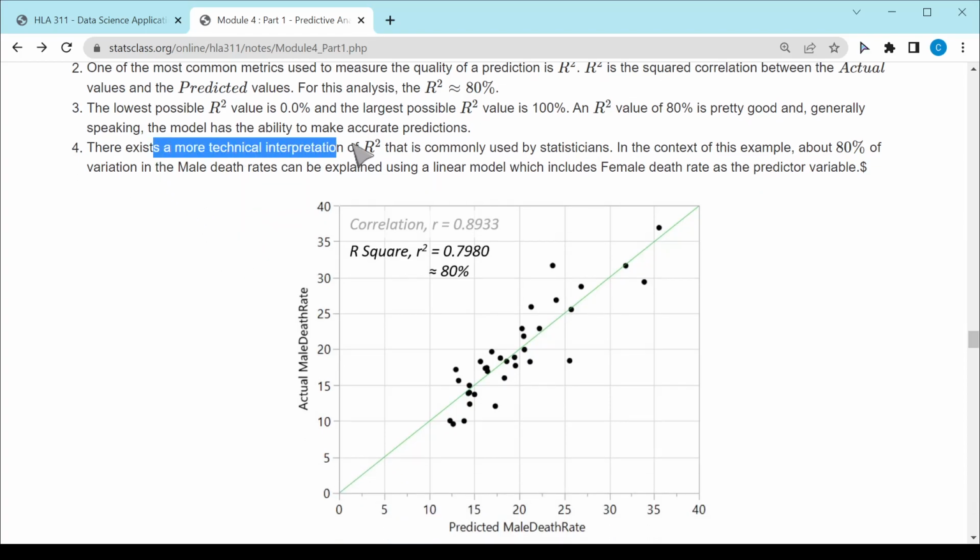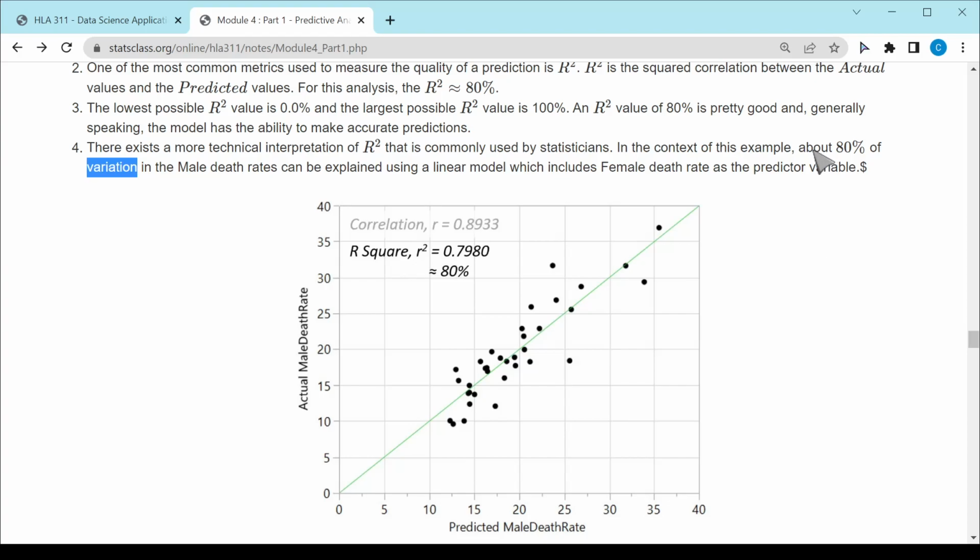There is a more technical interpretation of R-squared. So here I've discussed this as just the square of the correlation measure in this plot. A more technical interpretation in the context of this example is that about 80% of the variation in male death rates due to suicide, so that's my response, about 80% of the variation in the response can be explained using this linear model and also the predictor that I'm using, which is the female death rate due to suicide.